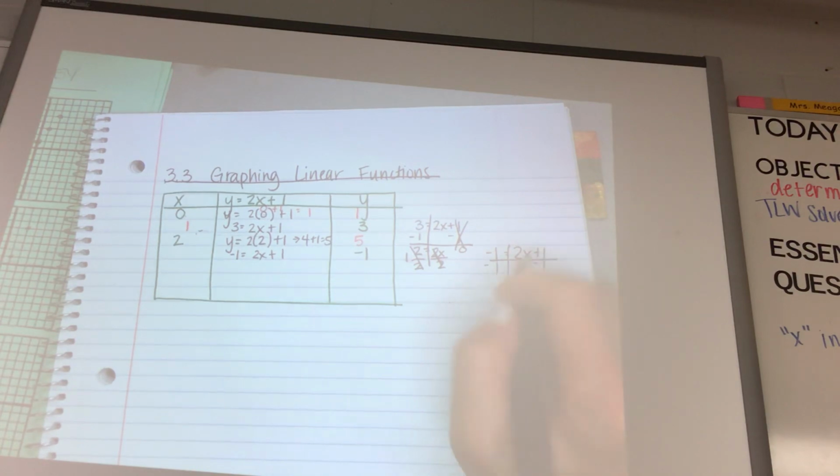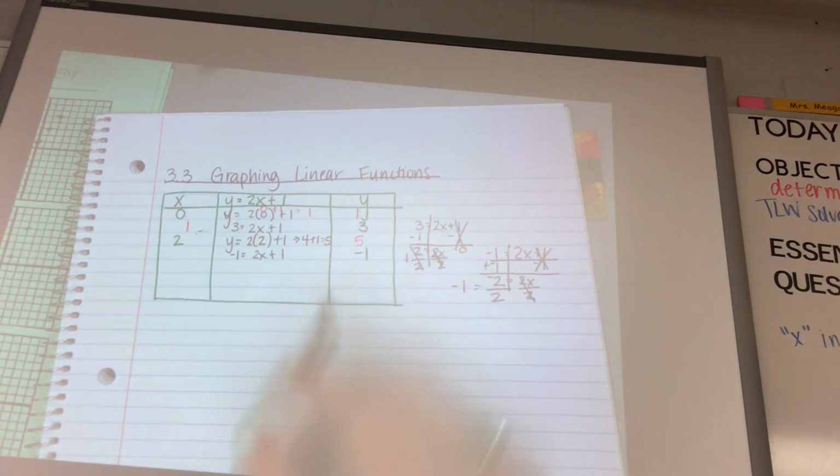Negative 1 minus 1 is negative 1 plus the opposite, so you end up with negative 2 equals 2x. We're going to divide that 2 off the x on both sides. You're left with x over there. And negative 2 divided by 2 is negative 1. So when y is negative 1, x is also negative 1.